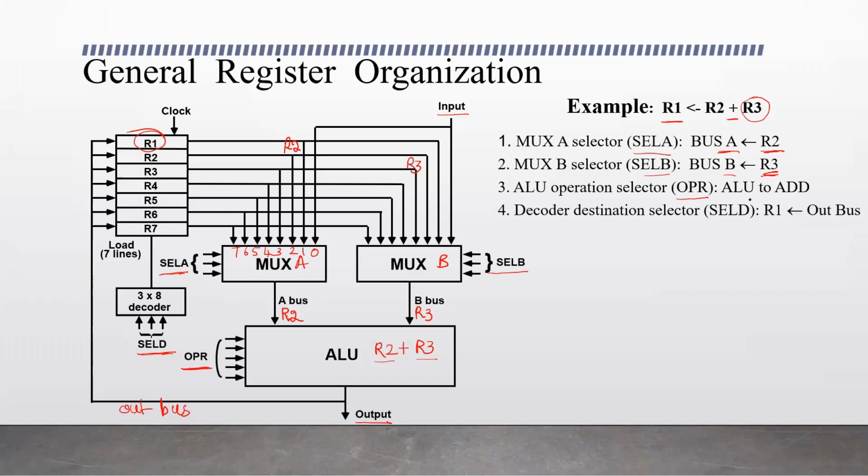This selects one of the operations, that is add here. So the control unit, through the control word and these selection inputs, instructs the ALU to perform addition. The operation selected would be add here. And then to store the result back in the destination register, we have the decoder selector called SEL-D, and that selects register R1, and the content of the output bus gets placed in the register R1.